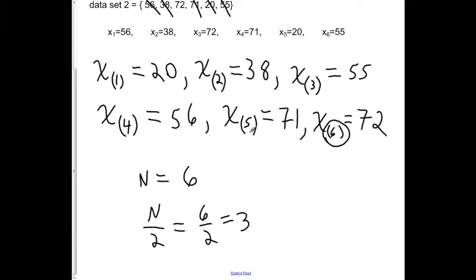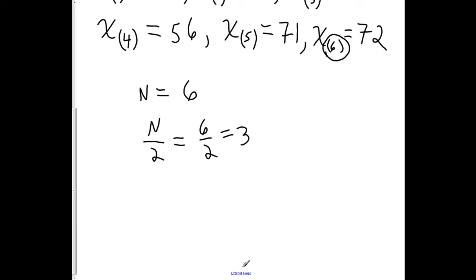In the last case, after we rounded up because we got a decimal, we got the number of the order statistic that was the median. In this case, we're not getting the number of the order statistic that's the median. Instead, we have to take the third order statistic and the next order statistic in line and find their average, adding them together and dividing by 2.